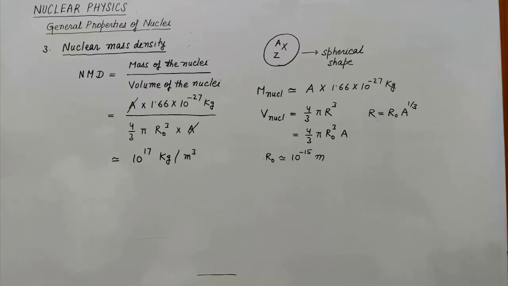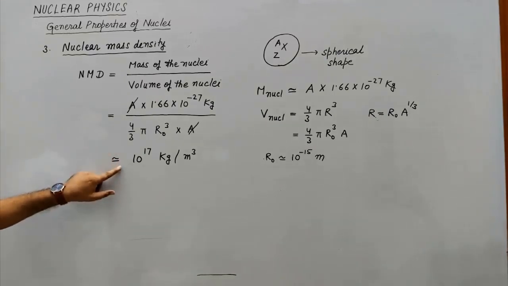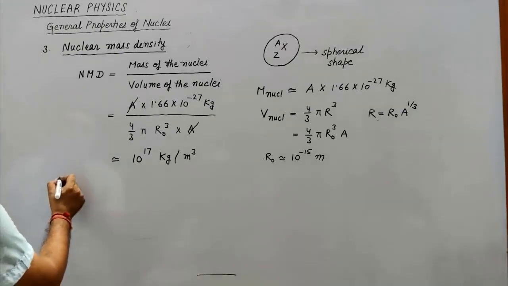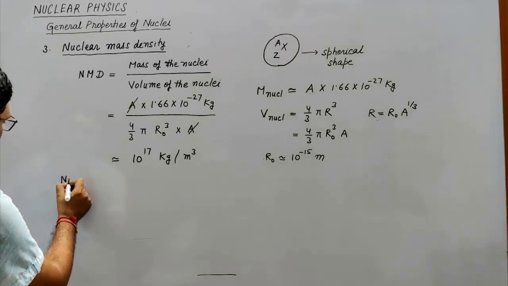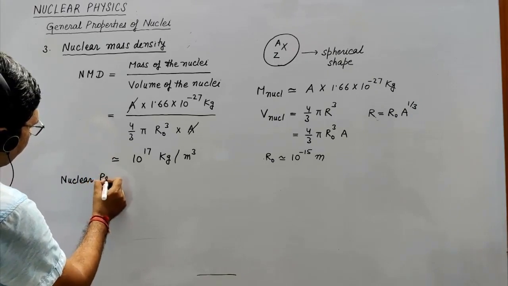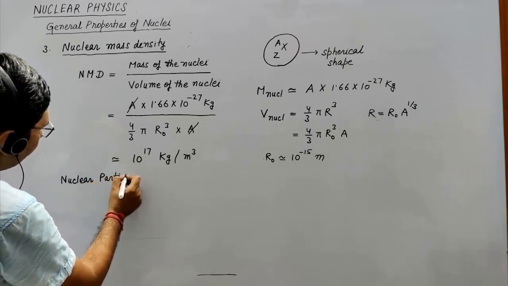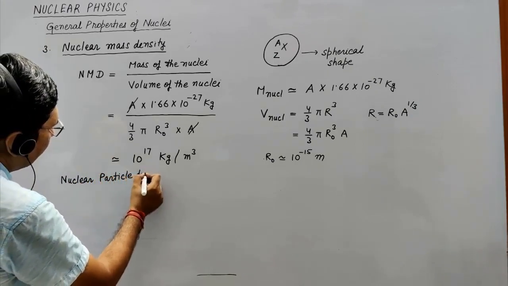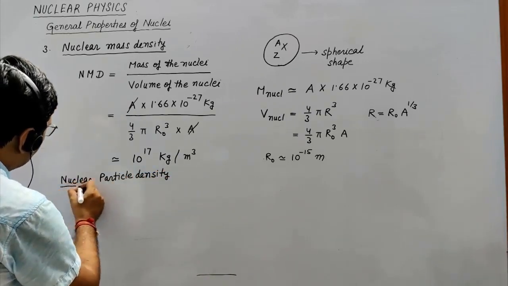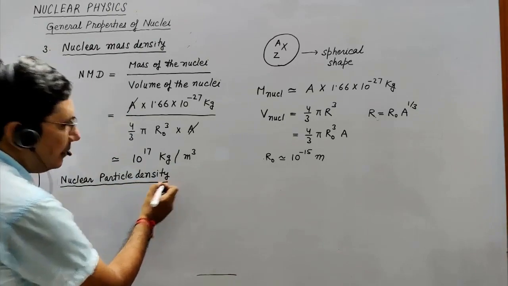So in this way, one can find out the order of nuclear mass density. There is another density related to the nuclei, that is known as nuclear particle density. What is the meaning of nuclear mass density?